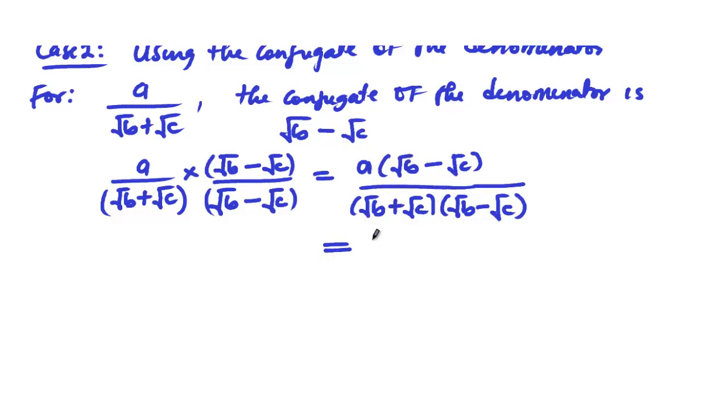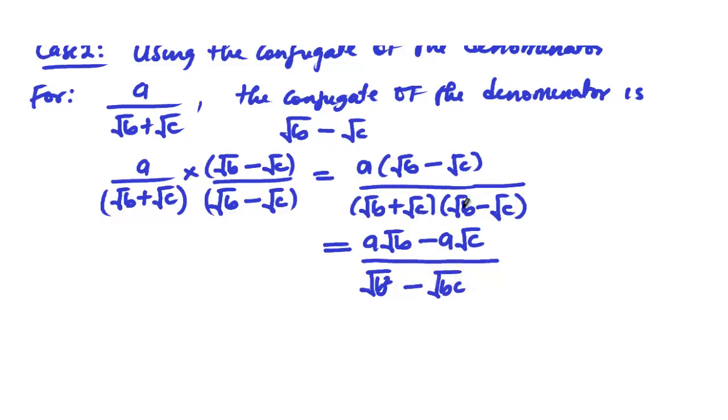So a times root b, that will give us a root b. Then a times minus root c, that will give us minus a root c. Then divided by root b times root b, that is root b squared. Root b times minus root c will give us minus root bc.